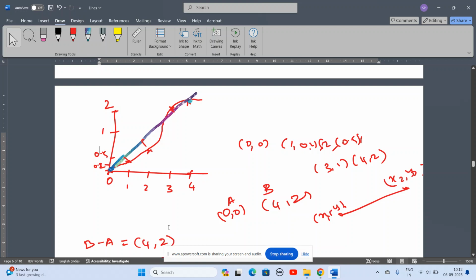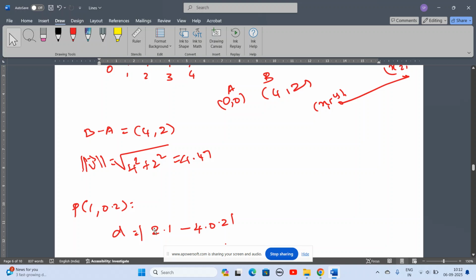Now the point taken is 1 and 0.2, so subtract 2 into 1 minus 4 into 0.2. The next step is to divide by 4.47. You will get an approximate value of 0.26.